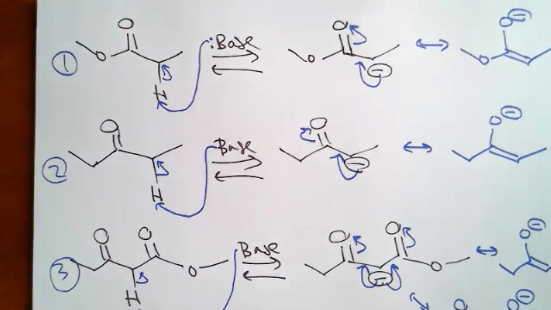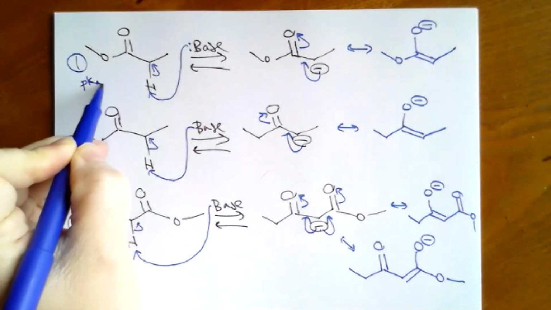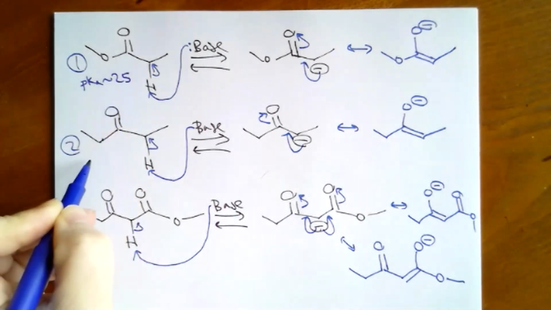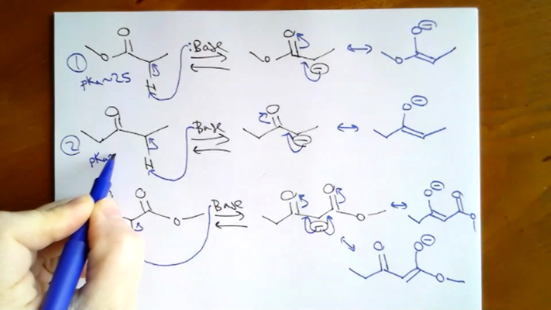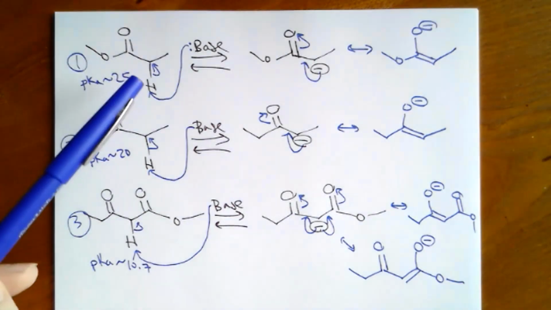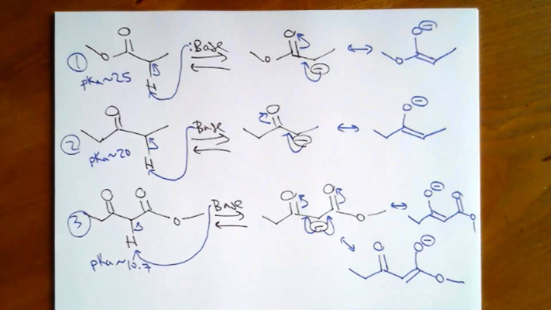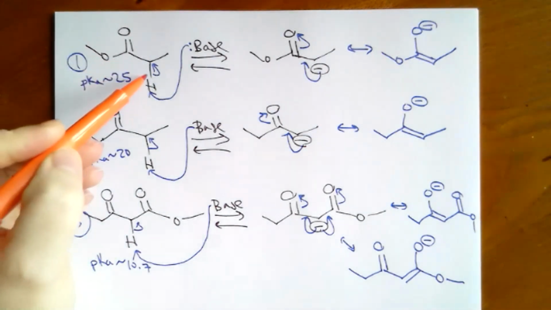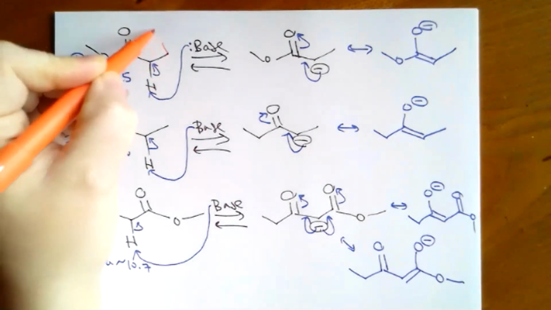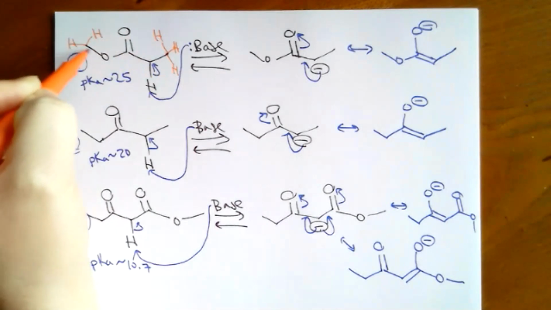On the slides, it actually gave you pKa's, where you could see this top one has a pKa of about 25. This middle one has a pKa of about 20. And this bottom one has a pKa of 10.7. So first thing to remember is alpha hydrogens are more acidic than regular alkane hydrogens, as in it's much easier to pluck a hydrogen here than any of these hydrogens or these hydrogens.